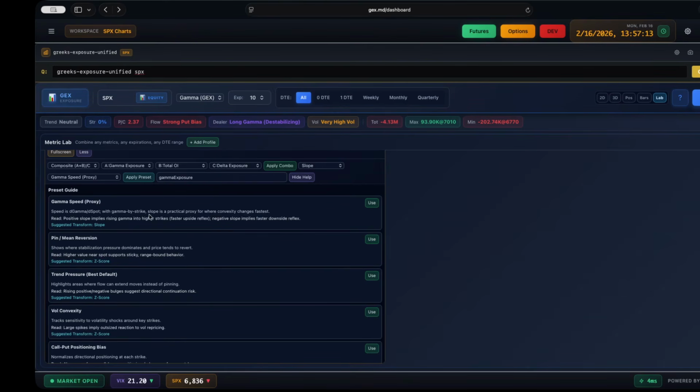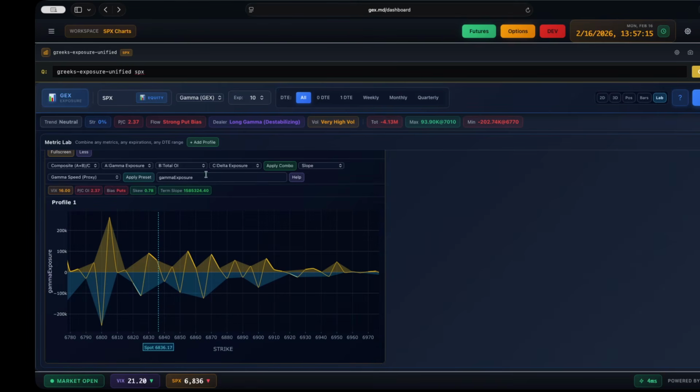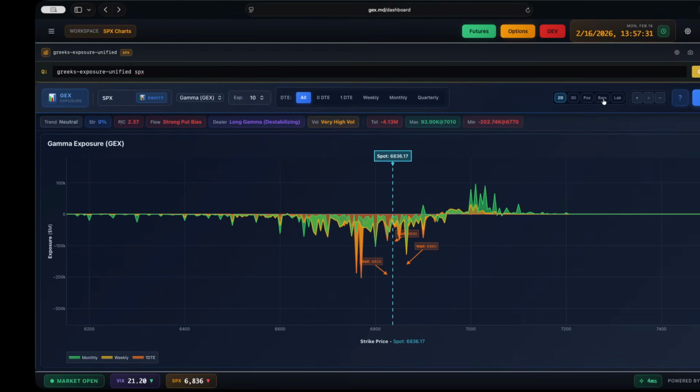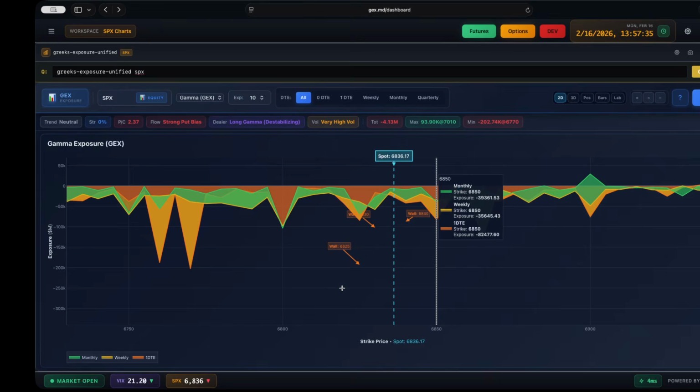Automatically they show you what to use, and then you can apply it and get the preset. But again, if you don't know what this means, forget about it, don't use it, and keep using this. That's kind of clean information.